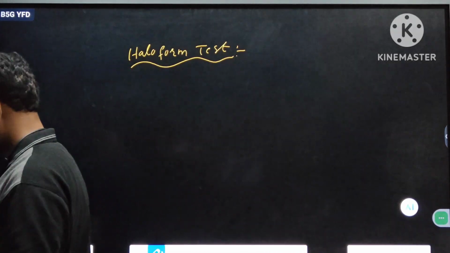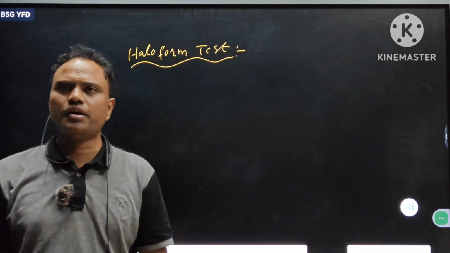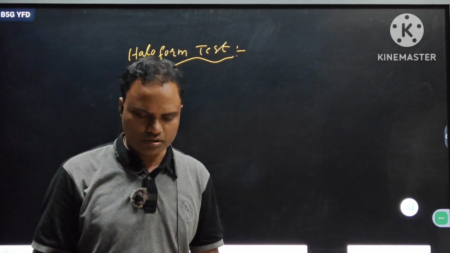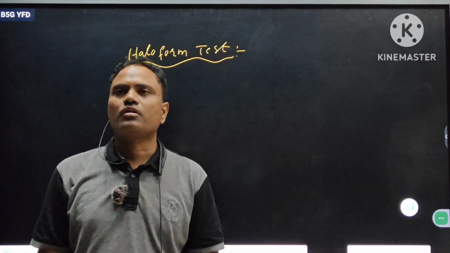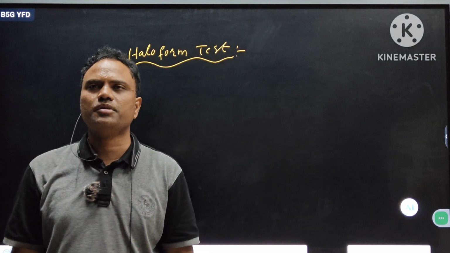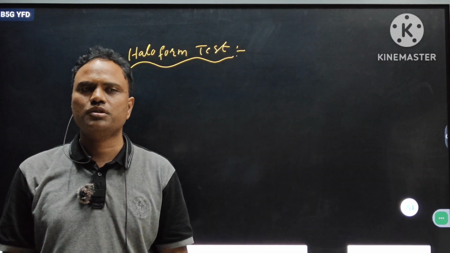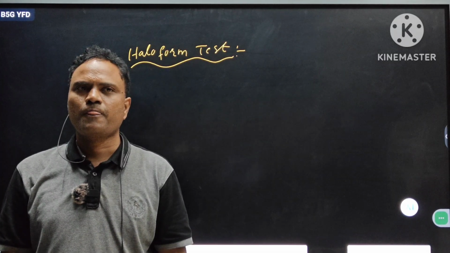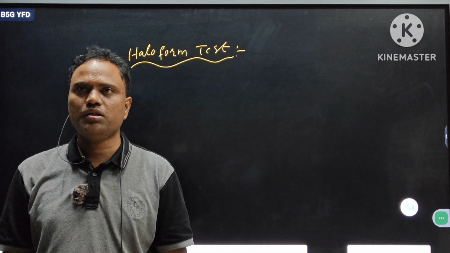Which compounds give haloform? Anybody? I think you are reading alkyl halides, right? You can answer. How to prepare chloroform? I explained in the first lesson. Tell me. From methane.